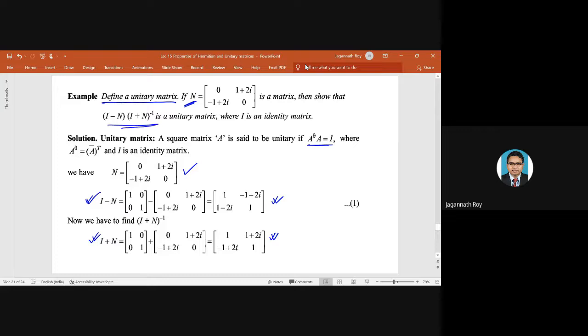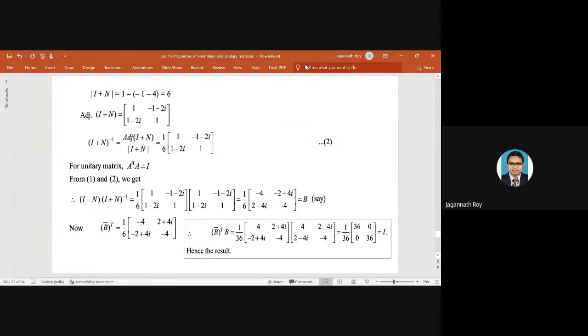Then you have to take the product. First you take the inverse of I plus N, and then multiply with this one, and verify whether it is unitary or not. This is a simple task because this is 2 by 2 order, so you can use the formula: adjoint of I plus N divided by determinant of I plus N. And then you get the matrix B, where B is nothing but a unit, hence the result.